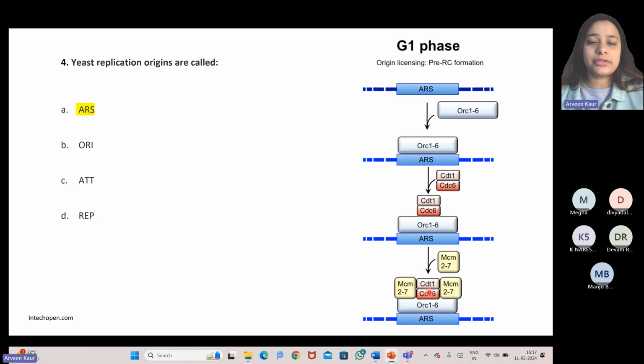Along with it, MCM2-7 helicase are also attached, right? So now it is prepared to work once it is given a signal that, yeah, helicase start working and start creating that replication fork or the replication loop. So this is a pre-replication complex, and ARS has a major part to play in this particular organization.